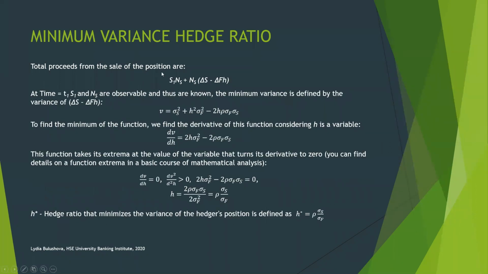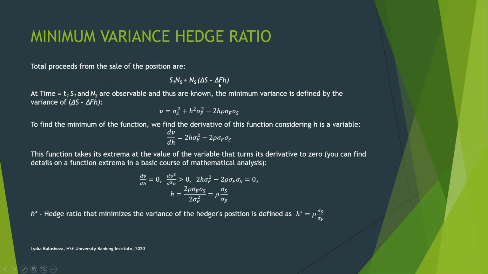And delta S minus delta F multiplied by H. The minimum variance: delta S is the difference between initial and resulting asset price.